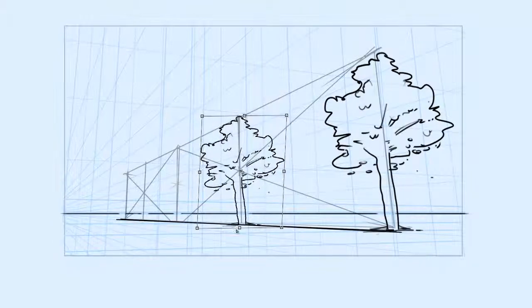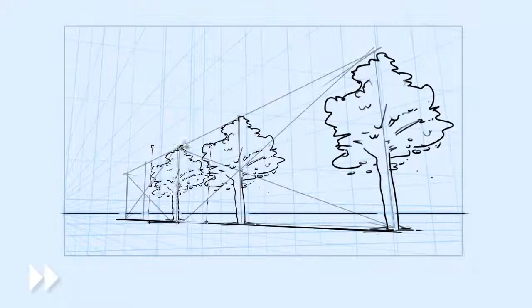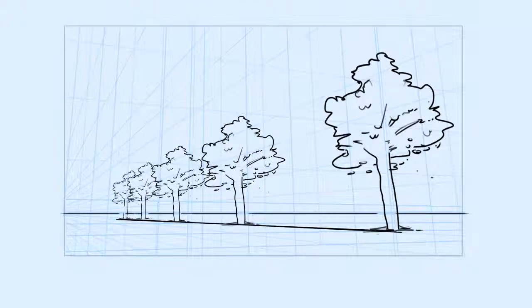Now it's important to make sure that the bottom and the top touch those vertical lines. And then because I did some duplicating here, mine have a little overlap, so I'm just going to erase away what I don't need. And then I hide my guide, and what I'm left with is a nicely arranged line of trees.